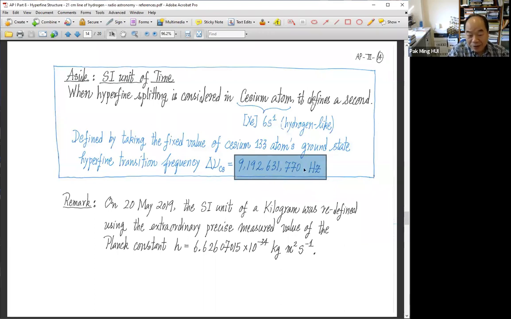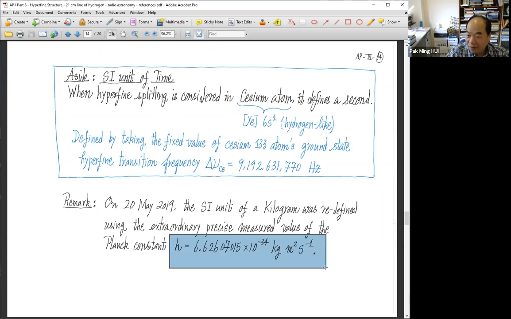So if you look at the SI unit definition, it has been changing. Most recently, on May 20th, 2019, even the definition of a kilogram has been redefined. Now, it is redefined using an accepted number for the Planck constant. So even a kilogram.